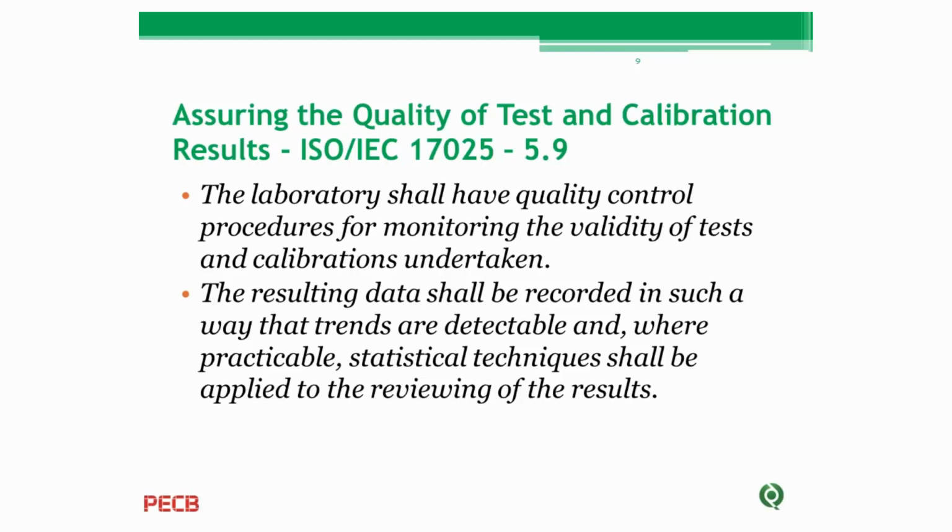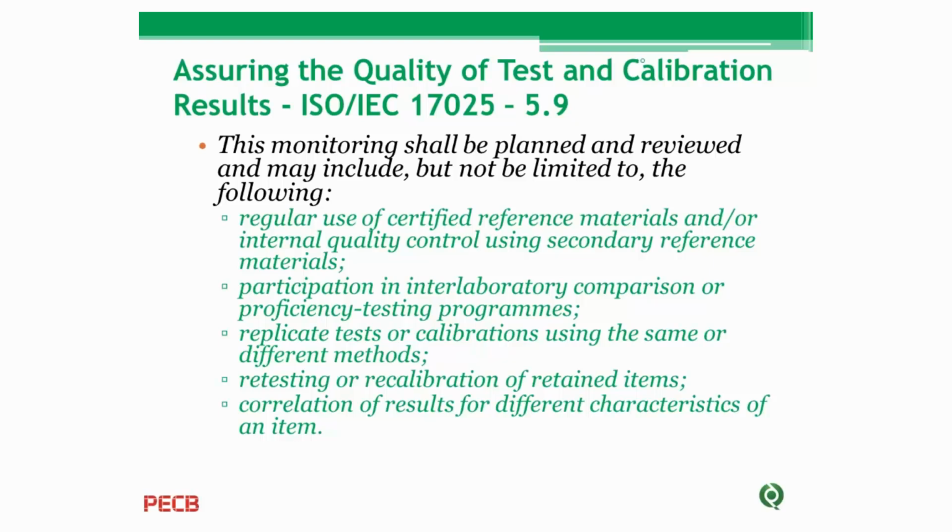Statistical techniques are very important for laboratories. Different techniques are available, and different materials are available on the internet or in other resources for you to go through and see what techniques can be used in your laboratory for reviewing your results or the outcome of quality control. This slide is from the ISO text.